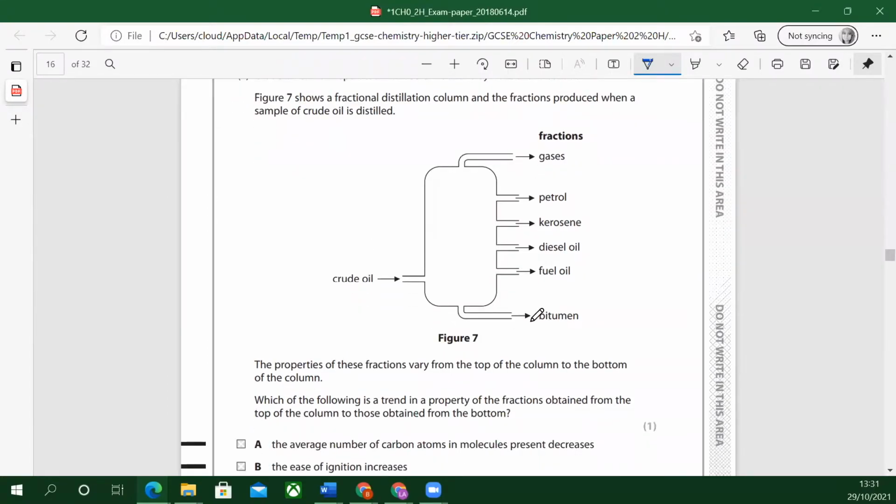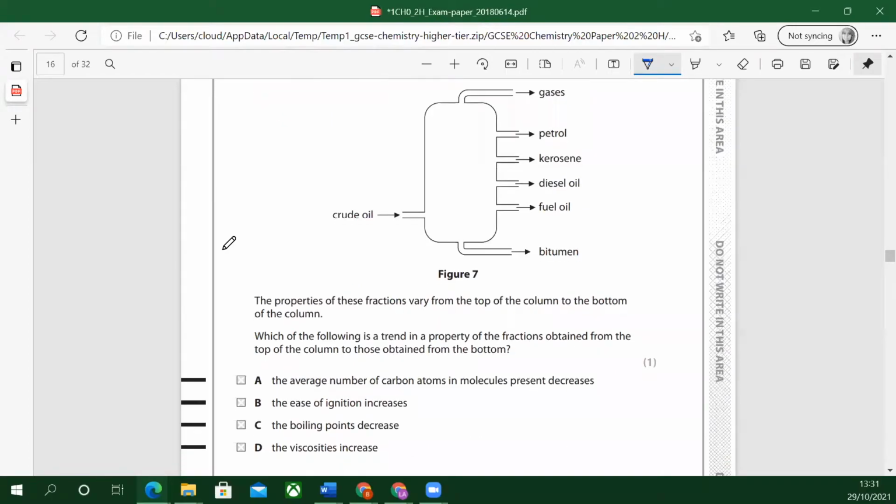So you've got bitumen at the bottom, fuel oil, diesel oil, kerosene, petrol, and gases right at the top. The properties of these fractions vary from the top of the column to the bottom of the column. Which of the following is a trend in a property of the fractions obtained from the top of the column to those obtained at the bottom?